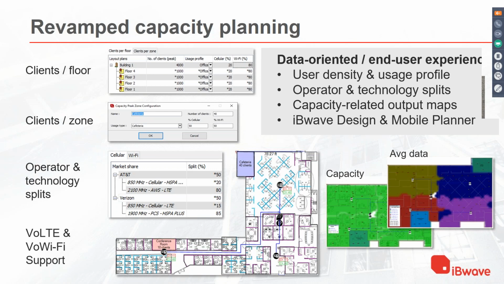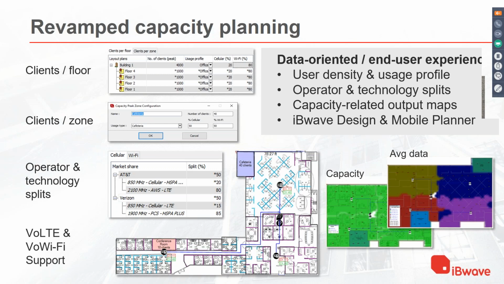And for those of you familiar with the products, this capacity planning is particularly useful for Wi-Fi and small cell-based networks that tend to be highly capacity limited from the point of view of the design process. These tools are available both in iBwave Design, which is a desktop tool, and iBwave Mobile Planner specifically, where you can design on-site Wi-Fi and or small cell based networks.